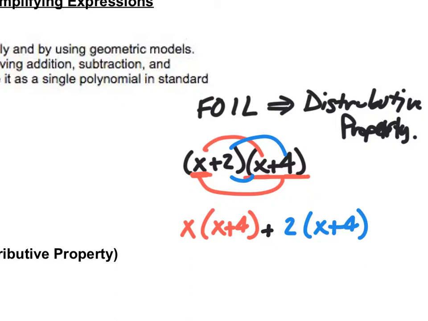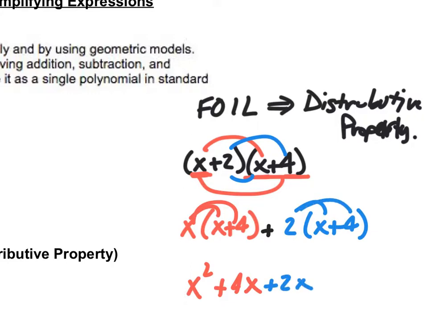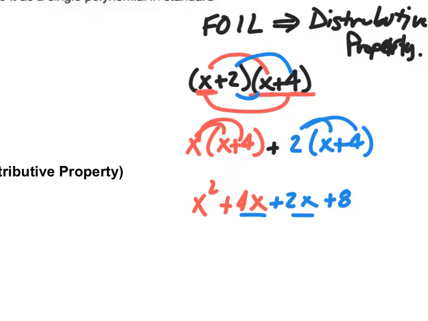When you do this, x times x gives you x squared, x times 4 gives you plus 4x. Here you take 2 times x, so plus 2x, and then 2 times 4, which is plus 8. Combine your middle terms, because these are like terms, and you end up with x squared plus 6x plus 8.